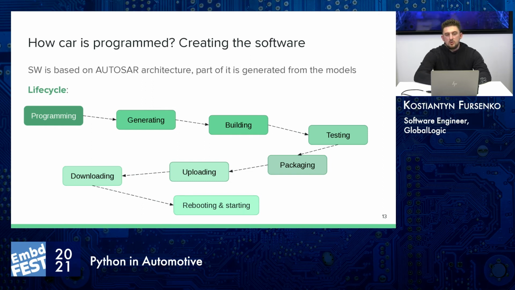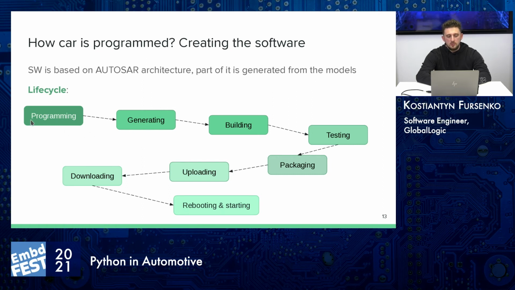How is a car programmed, creating the software? Software is based on AUTOSAR, and part of it is generated from models. We have the following life cycle. You can see that this life cycle is similar to a typical embedded software life cycle, but it has some different parts.